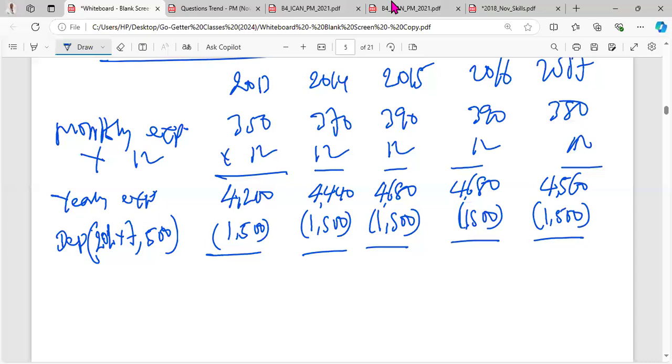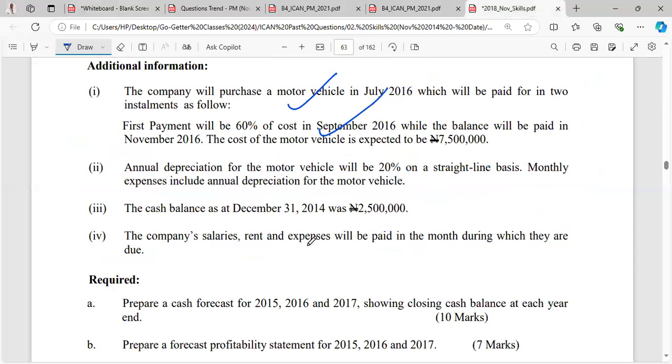Sorry, we are told that these expenses are inclusive of depreciation. Okay, that's why we are removing it. We need to remove the depreciation because it was included in the annual expenses. Depreciation does not involve the movement of cash. So it shouldn't form part of your expenses if you want to know your actual cash.